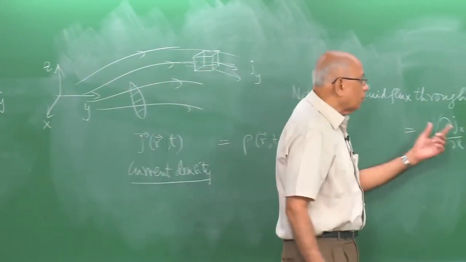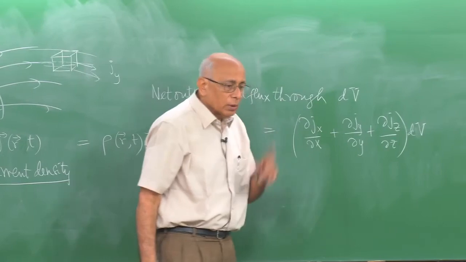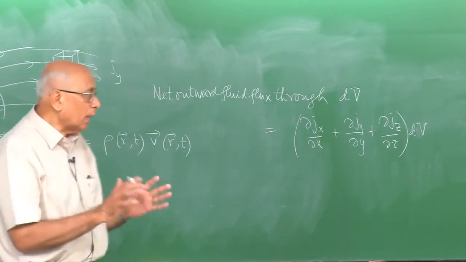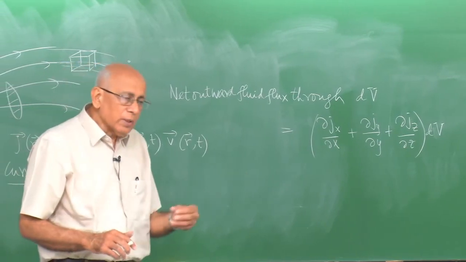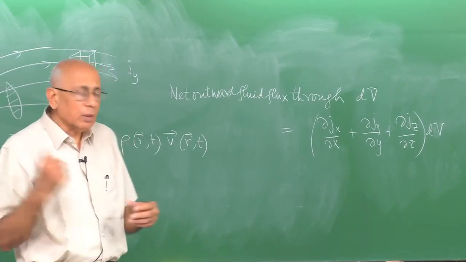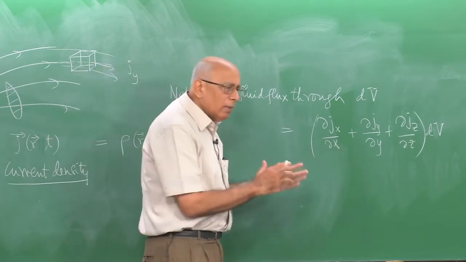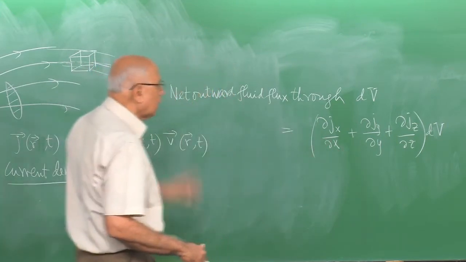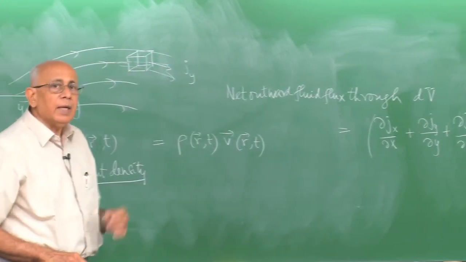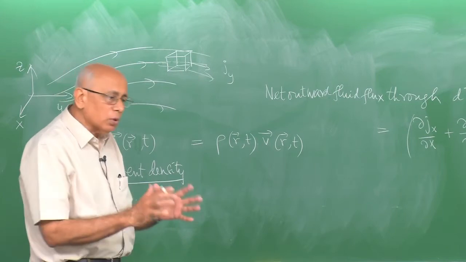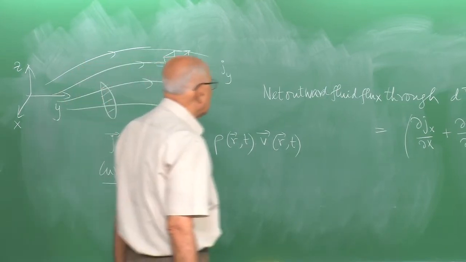This is the mass of fluid that is flowing out through the volume element dV through all the faces put together, where whatever goes in is taken with a negative sign and whatever goes out with a positive sign. This will automatically give you this quantity by exactly the same argument that we used in finding that minus the gradient of the pressure gave you the net force on the fluid in the volume element.